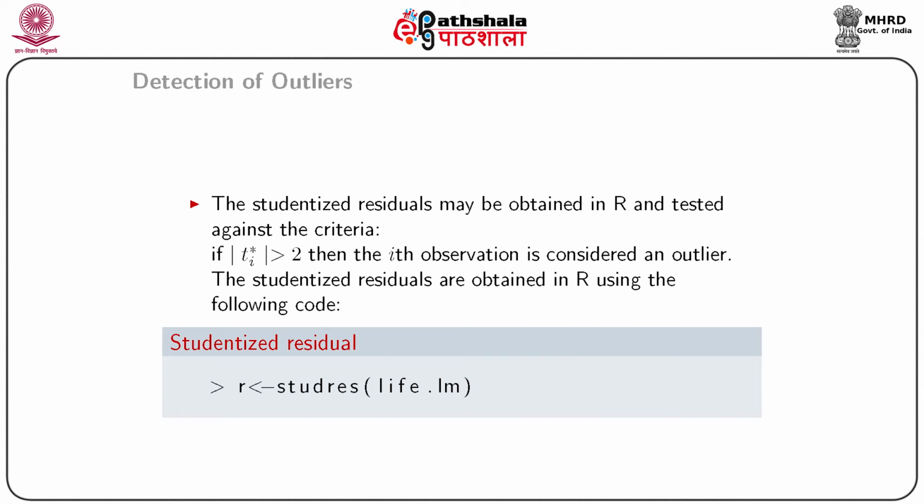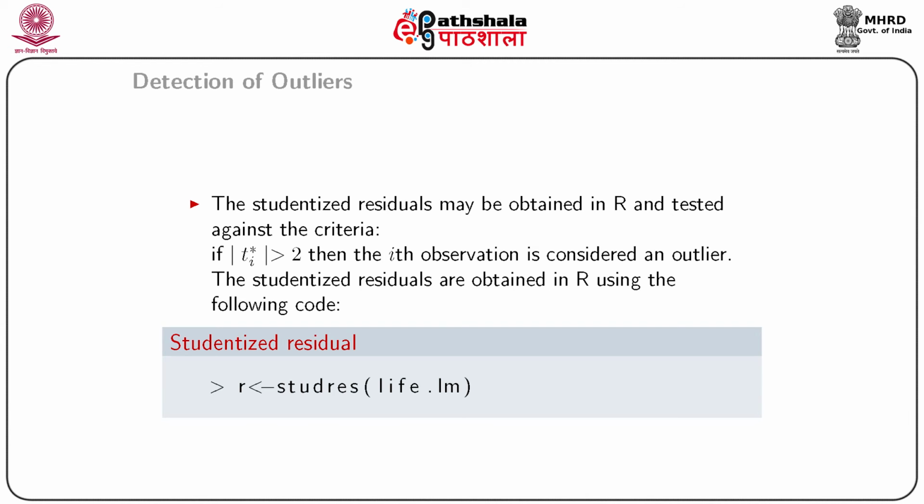Now the studentized residuals may be obtained in R, and then we can test it against the criteria that we have discussed before. After computing the studentized residuals, we can check whether the absolute values of the studentized residuals are greater than 2, then the ith observation is considered an outlier.